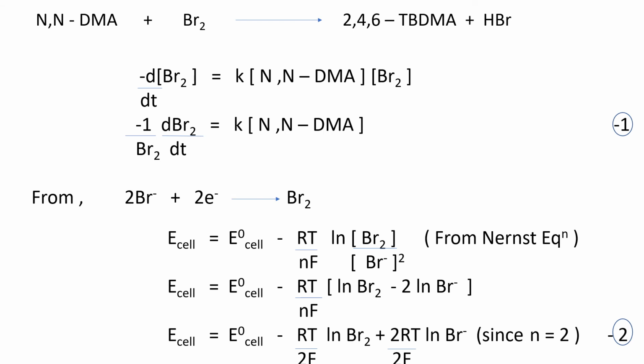So for calculating the rate constant, you are taking the reaction N,N-dimethyl aniline plus Br2 gives 2,4,6 tribromo dimethyl aniline plus HBr.